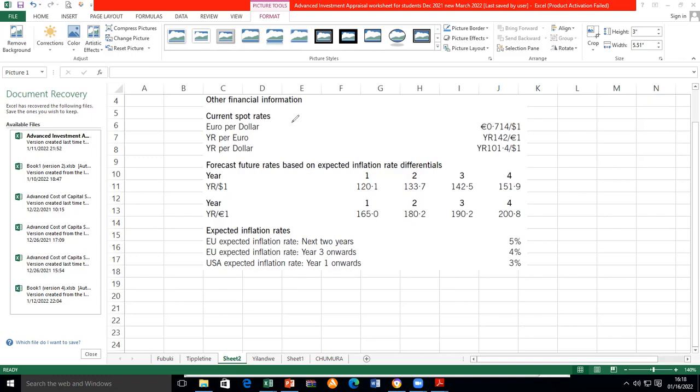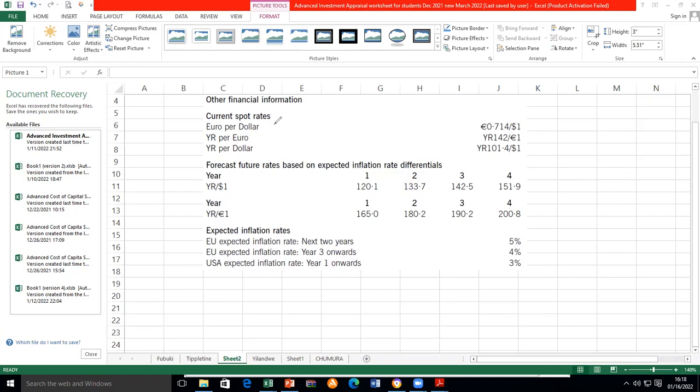Remember your equation? Who remembers the equation?